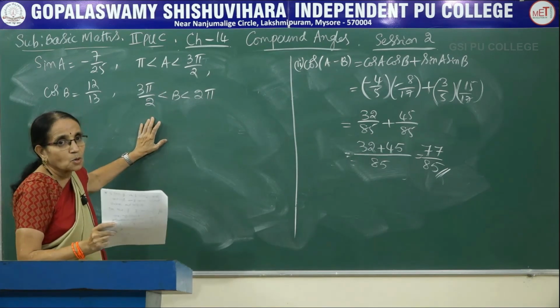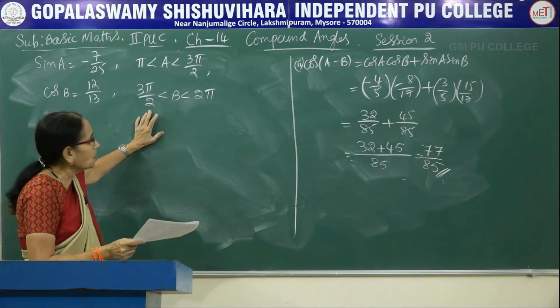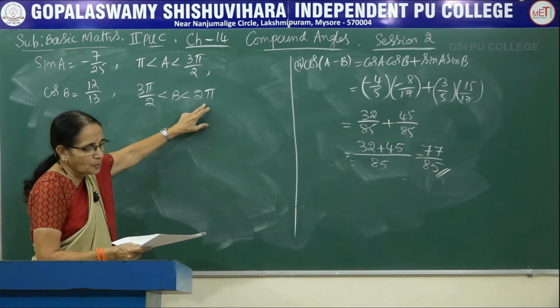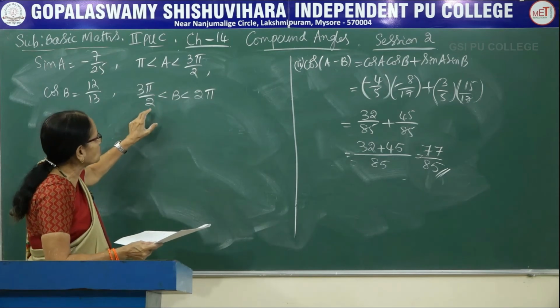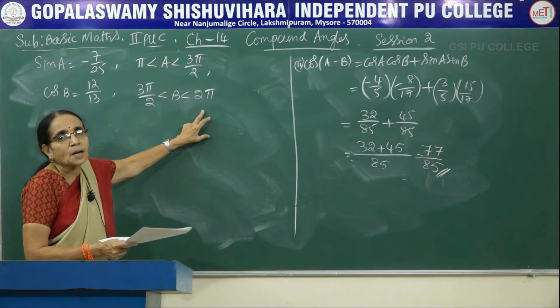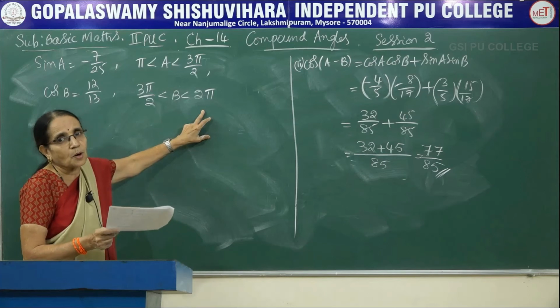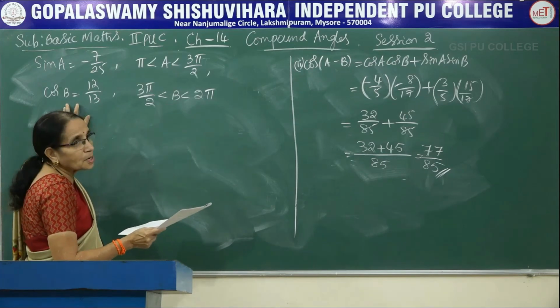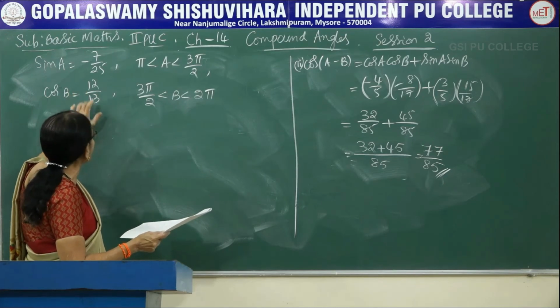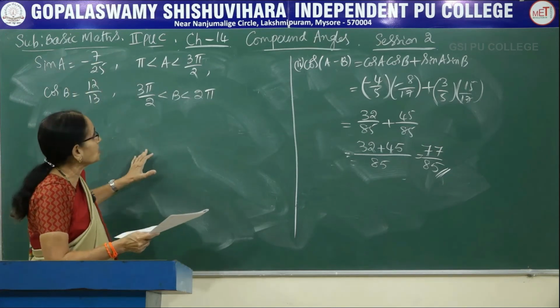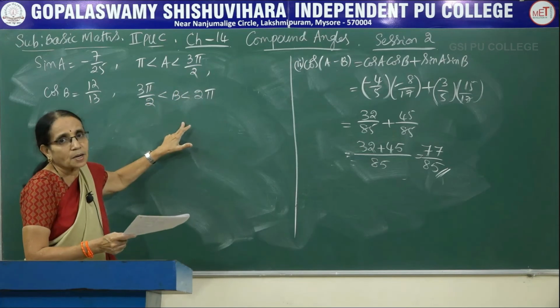Better you be familiar with radian measure also. 2 pi means it is 360 degrees. Angle B is lying between 270 and 360. That means it is lying in the fourth quadrant. In the fourth quadrant, cos is positive. So I have written plus 12 by 13. Here it is minus 7 by 25 because the angles are different here.